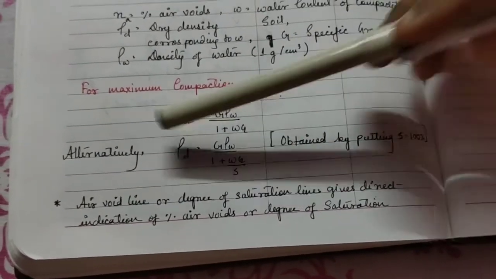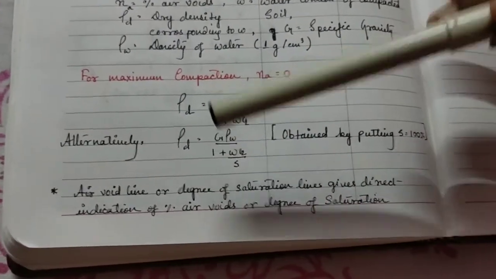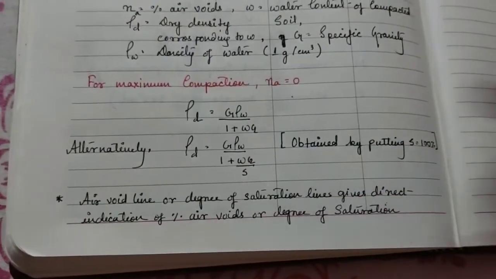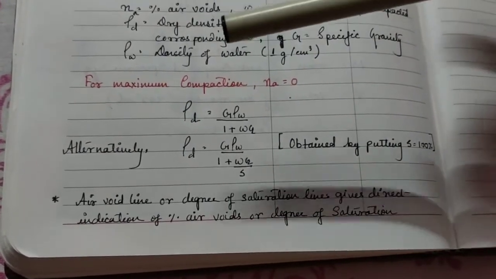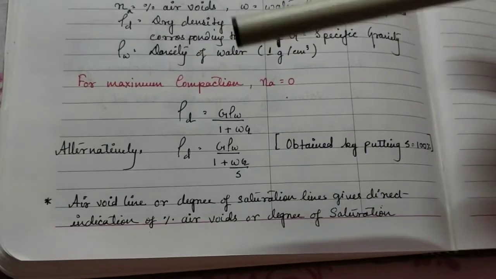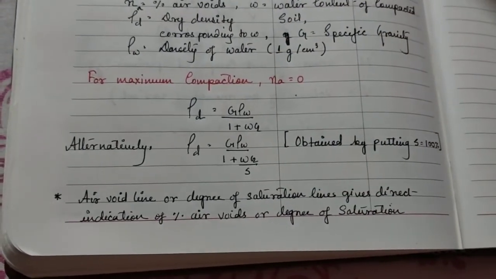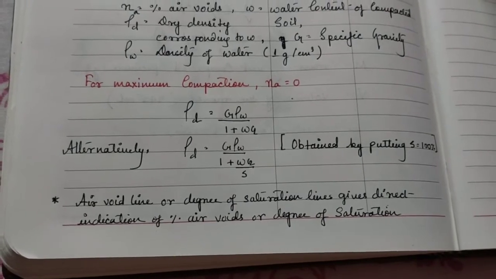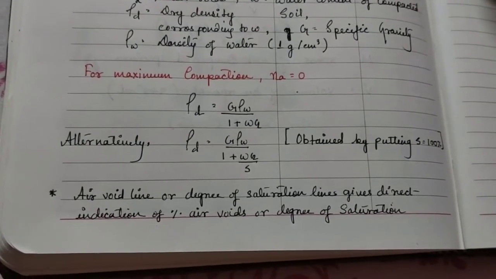Hence, the air void line or degree of saturation line, when drawn across a compaction curve, gives a direct indication of the percentage of air void or the degree of saturation existing at different points on the curve. So from this curve, what are we getting?